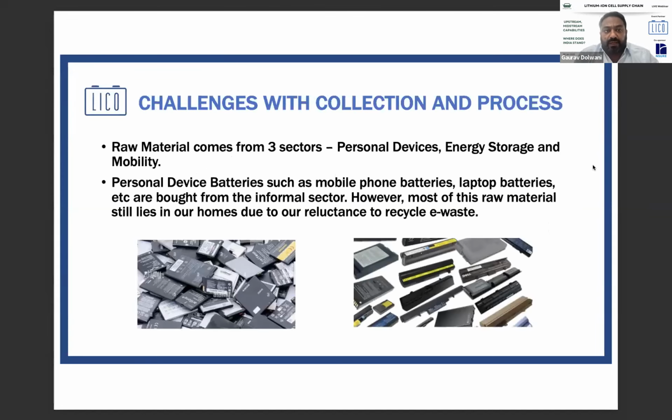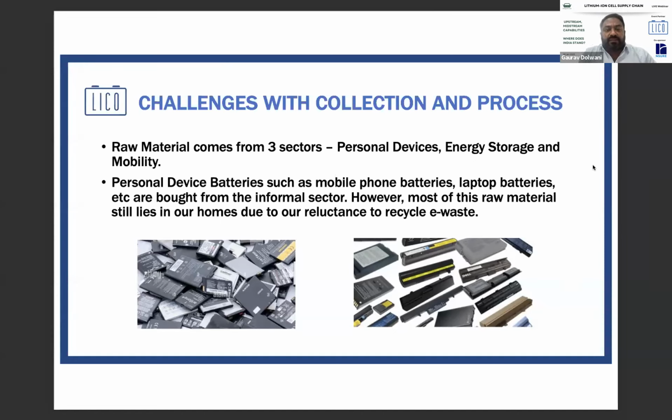Challenges with collection and process. So raw material today comes from three sectors mainly: personal devices, energy storage, and mobility. Personal device batteries such as mobile phone batteries, laptop batteries, etc. are bought in from the informal sector. Most of these raw materials still lie in our homes due to reluctance to recycle e-waste.